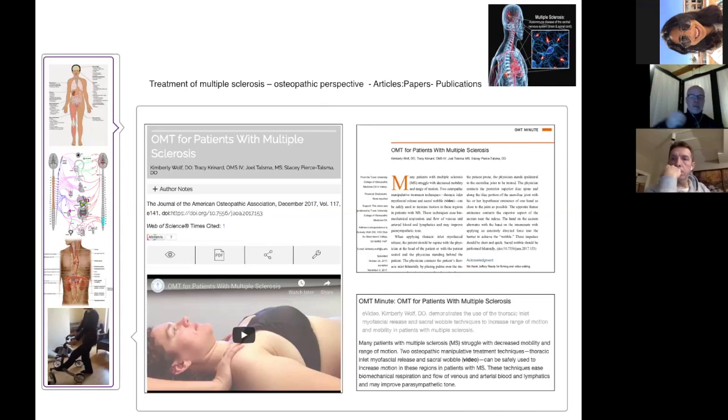So again, this ties in with the autonomic influence, the systemic influence of the parasympathetics as well. That also ties into the inflammatory responses, etc., that we talked about.